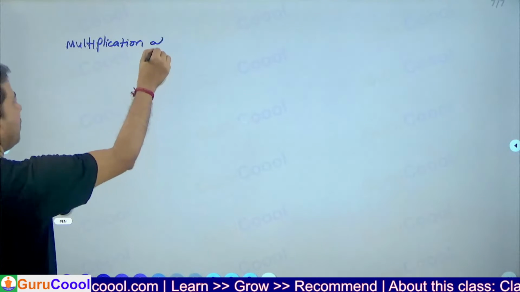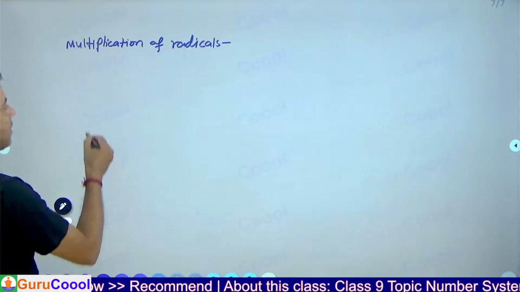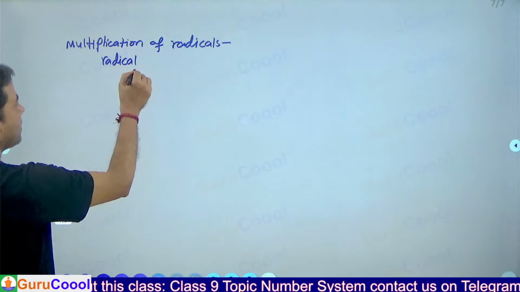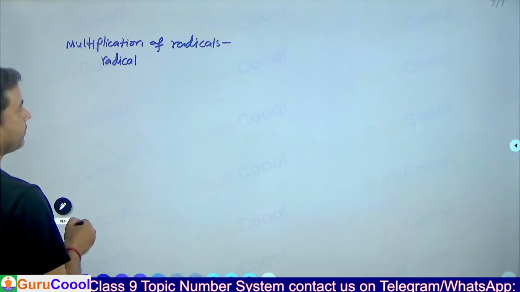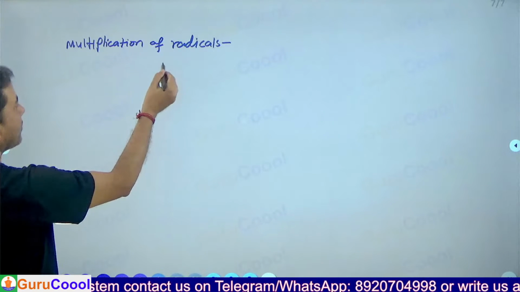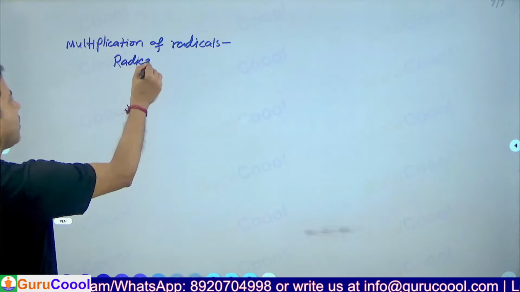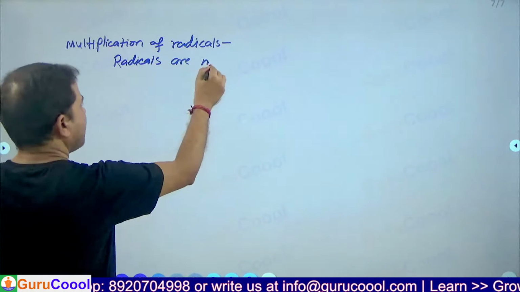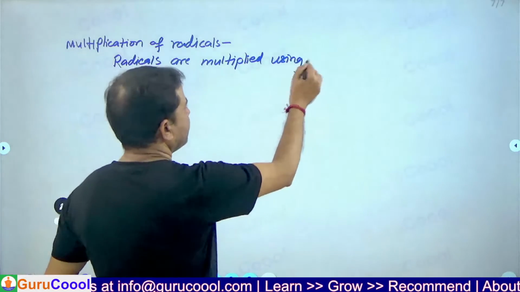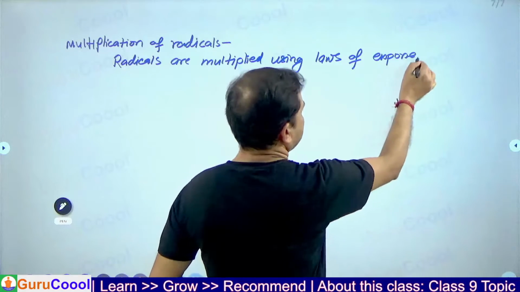Multiplication of radicals. Radicals are multiplied using laws of exponents.